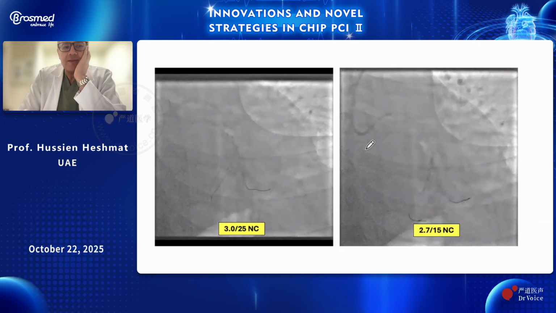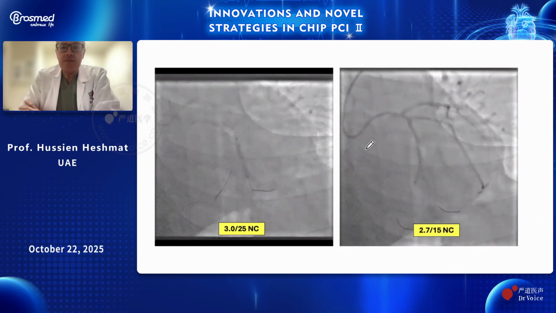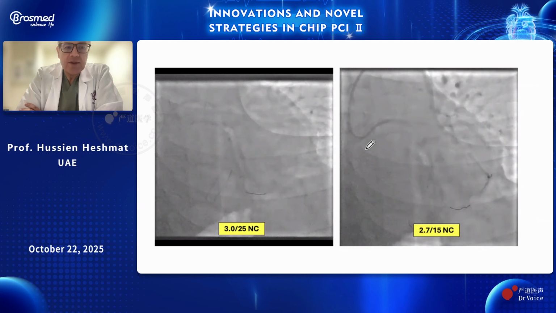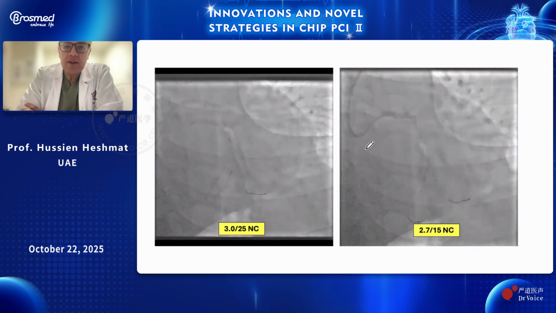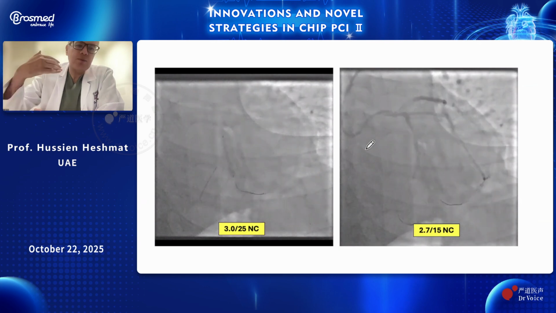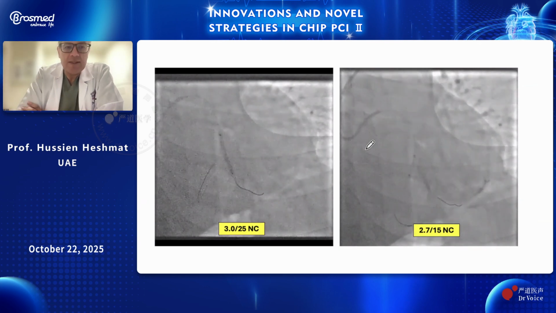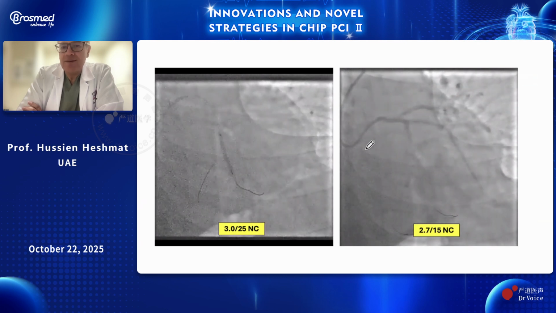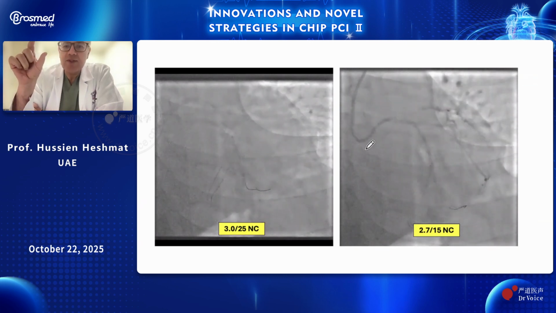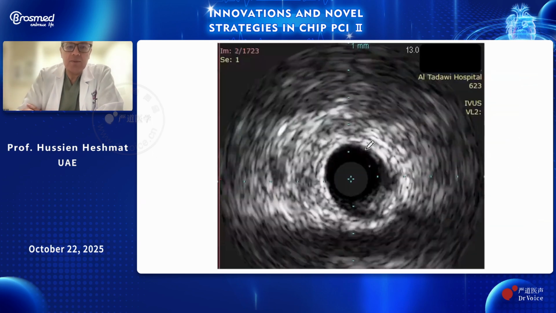So we went ahead and used a regular NC balloon in the main branch, 3.0 by 25. When I use DCBs, I tend to take longer NC balloons. And we used a relatively shorter balloon for the side branch, a 15 millimeter NC balloon.